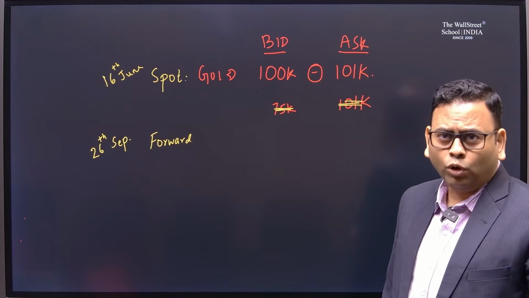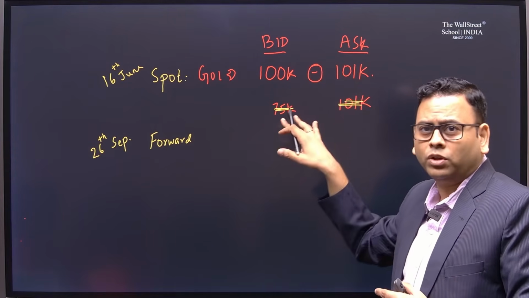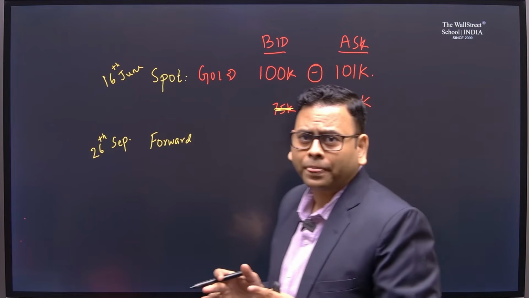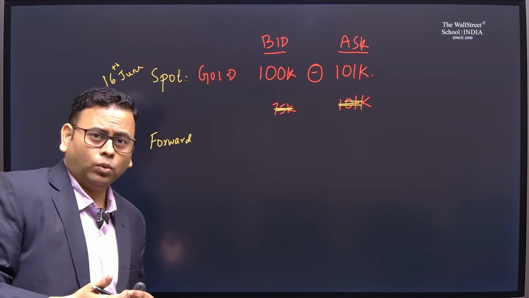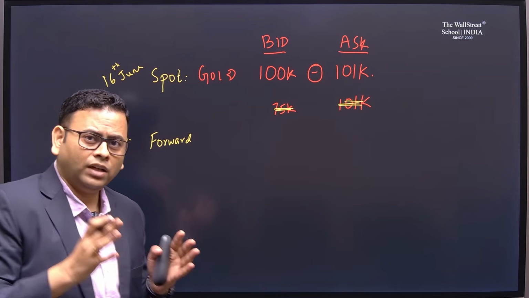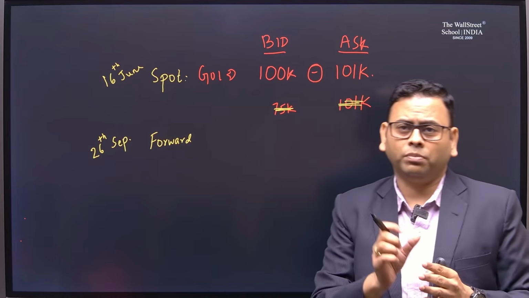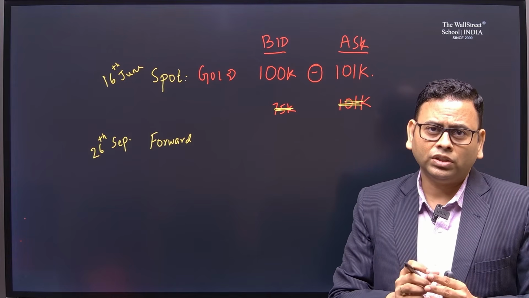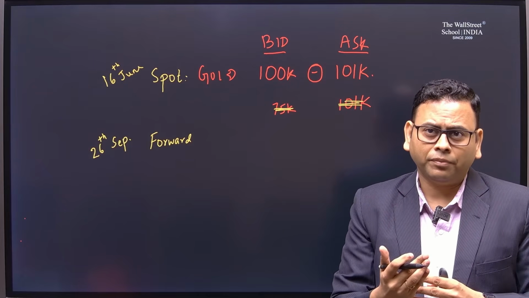Now if I want to buy gold at a future date, Kalyan Jewellers will not give me this quote because this is the quote as of today. 3 months, 4 months down the line, if I want to buy the gold and I want to fix the price today, then Kalyan Jewellers as a market maker would need to make the adjustment to the price because there is a 3 months delay in the delivery of underlying asset.